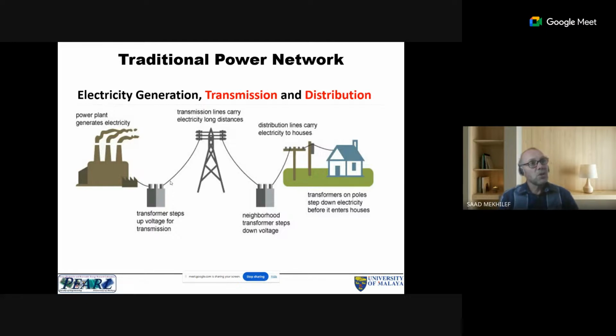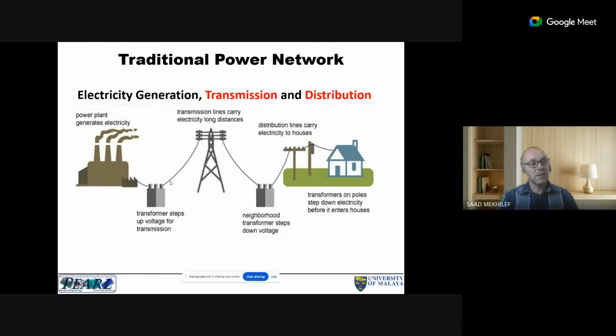Okay. So traditional power networks consist mainly of three components: generation, transmission, and distribution. In generation, we have all the traditional power plants, like coal power plants or gas power plants.